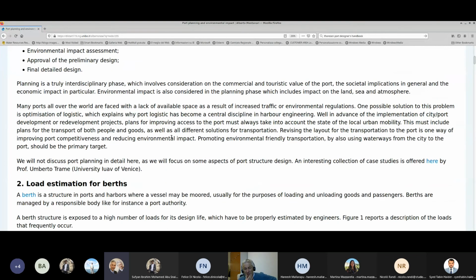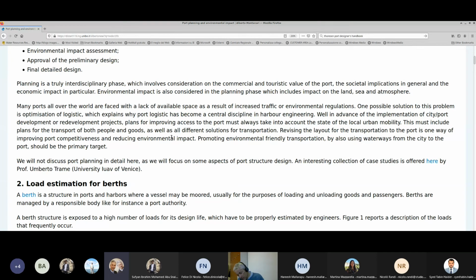Now, keep in mind that very often when designing a port, you have to face lack of space, because of course the coast very often is not much extended. You cannot use a long portion of the coast, also for logistic reasons. So what is the result?